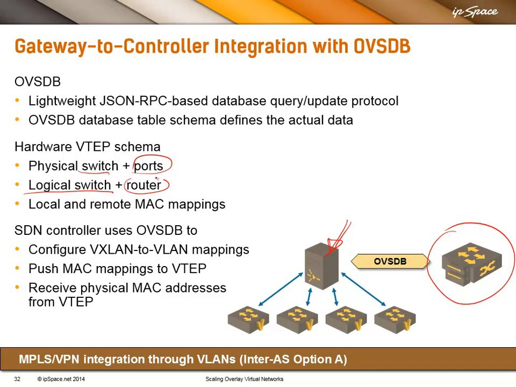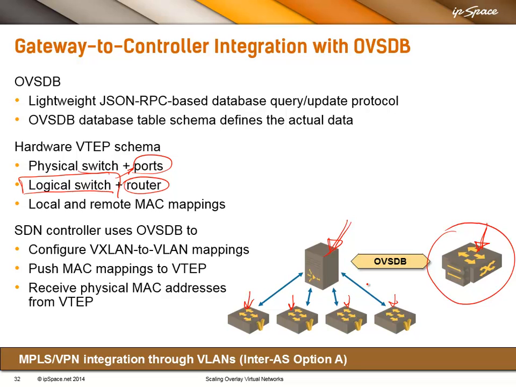You have one router per tenant usually, which brings together multiple logical switches. You have mappings between a logical switch and a VLAN on a physical port. And then you have the mapping of local and remote MAC addresses to either the IP address of the gateway in case of local mappings, or to the IP addresses of the hypervisors in case of remote MAC mappings.